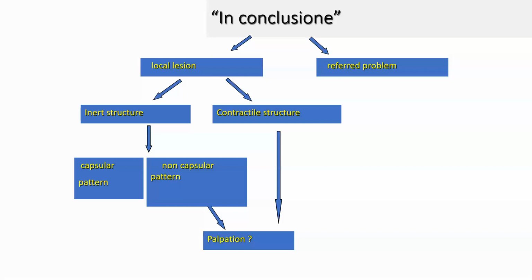And if it is an inert problem, what did we see in the examination? A capsular pattern or a non-capsular pattern? In other words, remember, arthrosis, arthritis, or other options. And finally, do we know who is responsible for the problems? Perhaps yes. Perhaps not 100% yet. Perhaps I need to do palpation for tenderness in a specific structure. This is the clinical reasoning strategy in the extremities. And as I told you before, in the spine we have a totally different strategy.